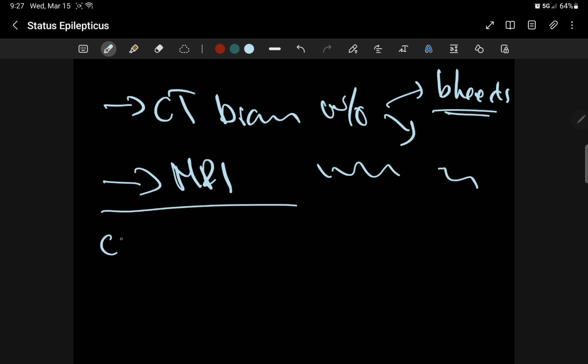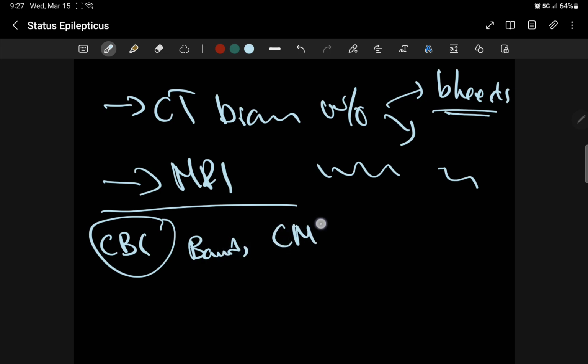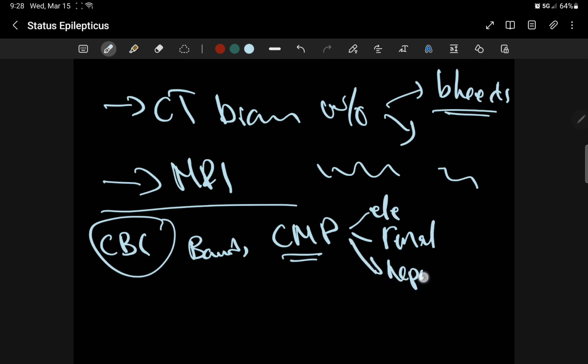You want to check your labs and see if there are any signs of infection, but be aware that leukocytosis and neutrophilia can be there post-stress from an ictal state, so be aware of your bands. Look at your CMP at this point, because you're looking not just at electrolytes but also for renal causes and hepatic causes, which I forgot to mention earlier and which are important for hepatic encephalopathy.